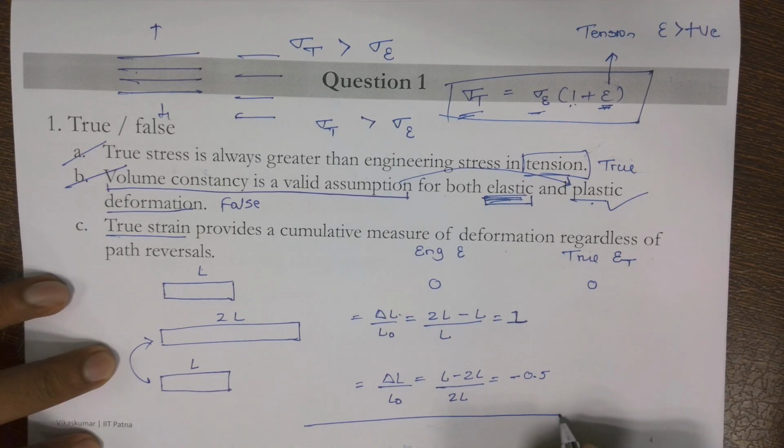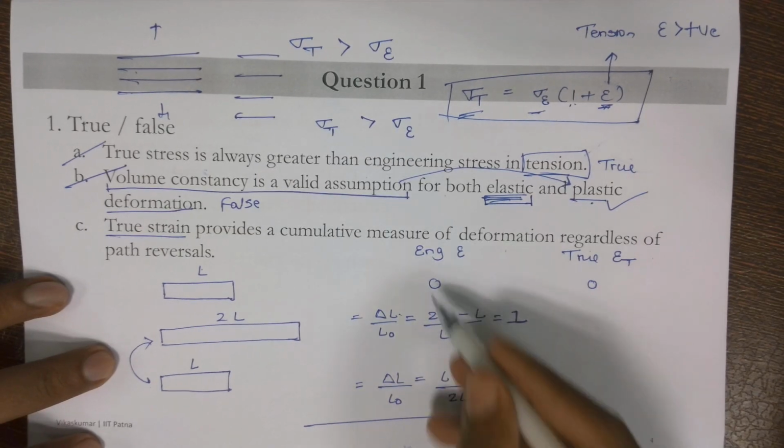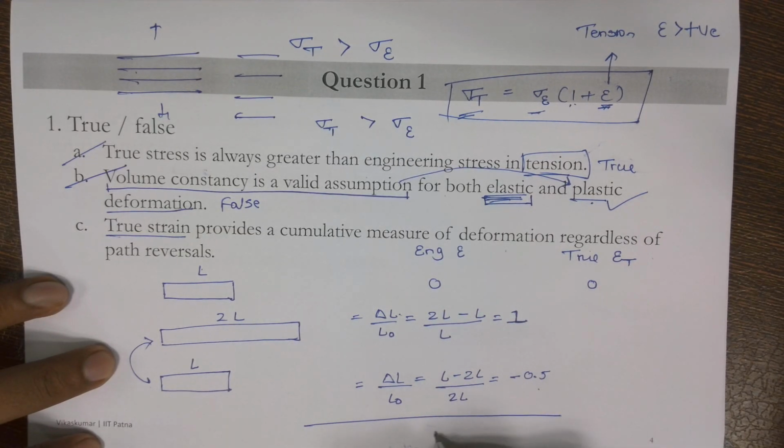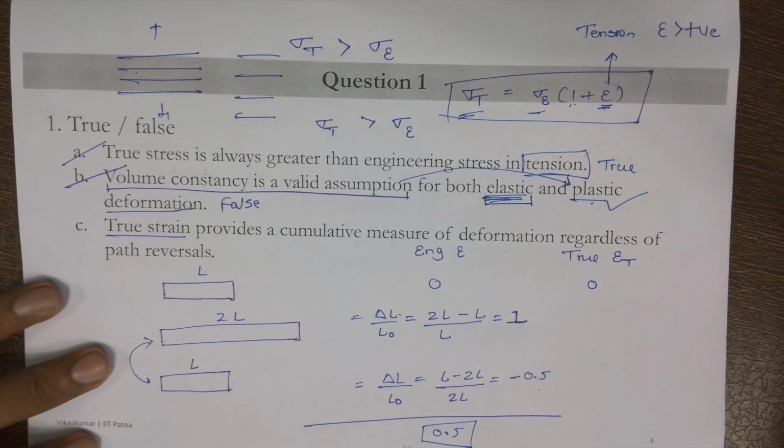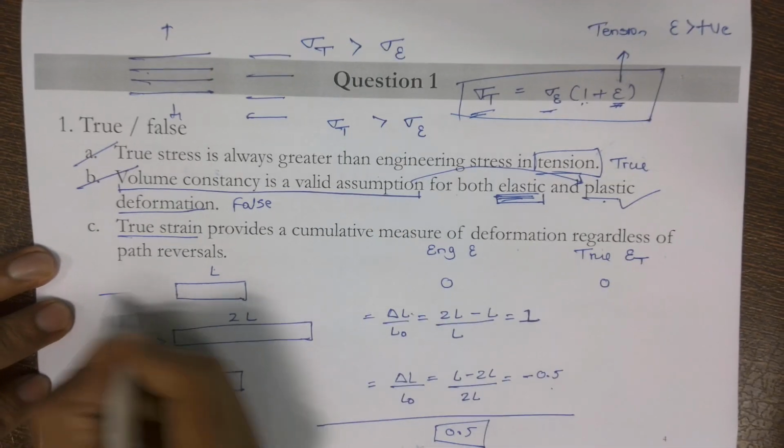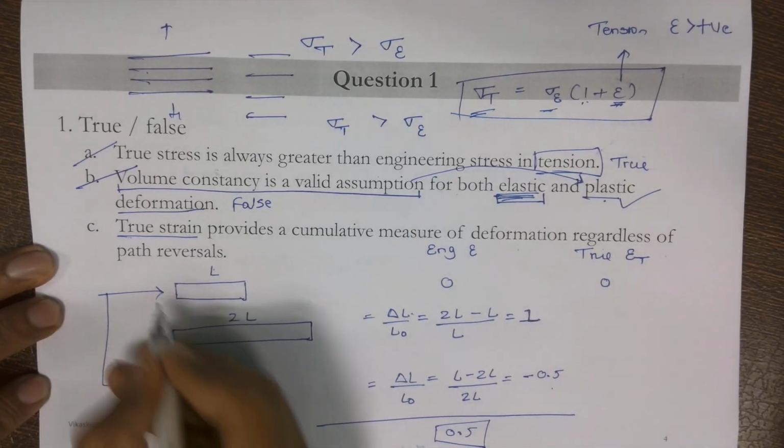Add them up. What will you get? You will get 1 minus 0.5, that is 0.5 of strain in the sample. But we can see my initial and final are exactly the same, there is no strain.